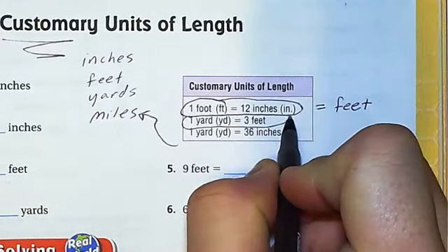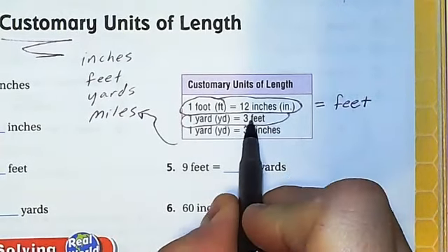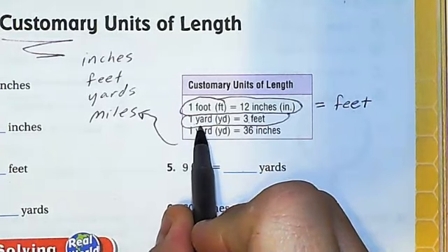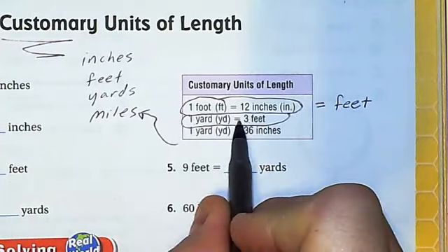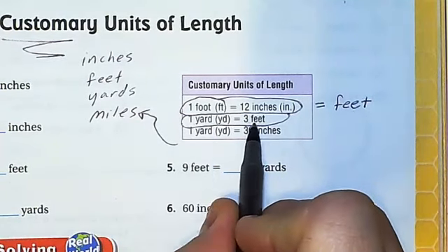Yards, okay, a yard, 3 of those feet. So 1 yard would be 3 feet. And we've talked about these yardsticks before. Yardsticks are 36 inches and they represent 3 feet. So 1 yard is equivalent to 3 feet.